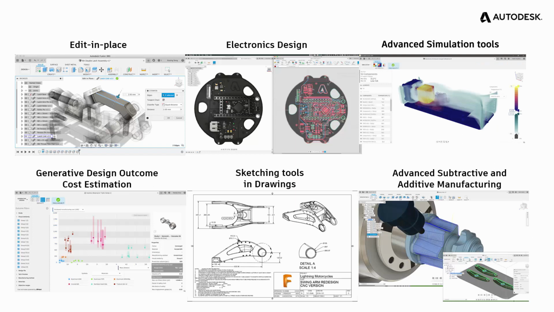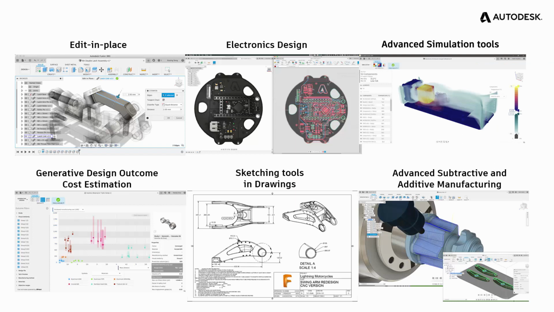We've continued to evolve our generative design functionality in Fusion, specifically including cost-based outputs. So using our relationship with aPriori, we can look at the cost impact of different methods of manufacturing different generatively designed parts, allowing you to make more cost-based decisions to access better performing products, but at a better price point.